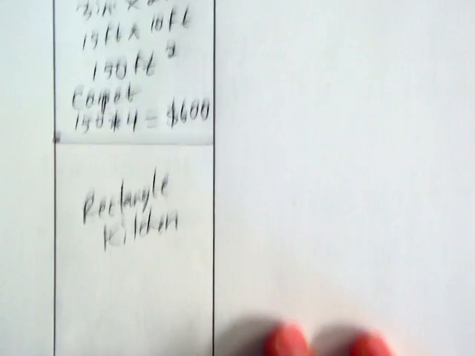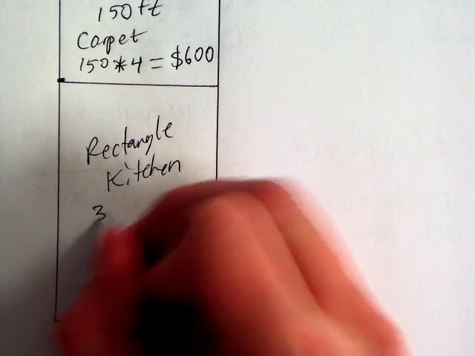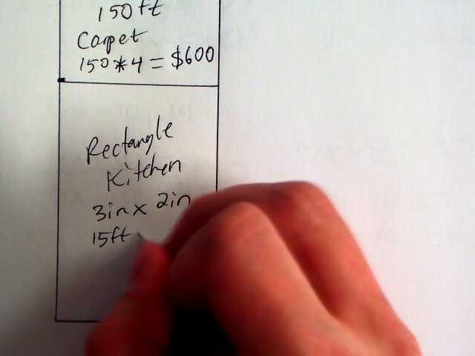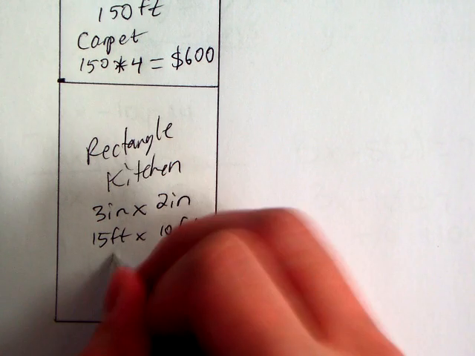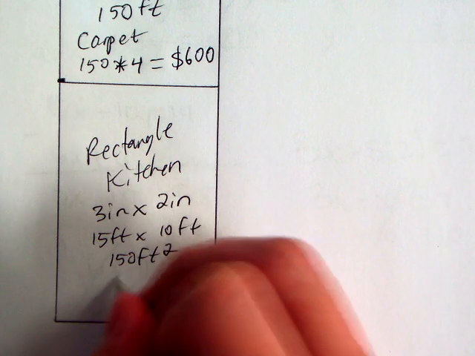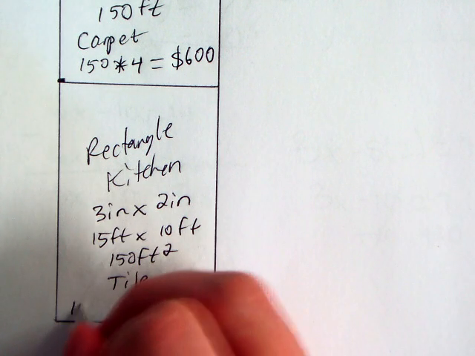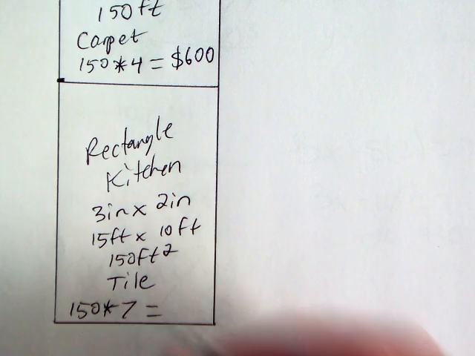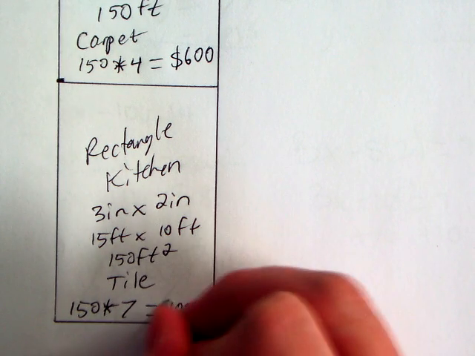For the kitchen, similar, 3 inch by 2 inch, 15 feet by 10 feet, 150 feet squared, but maybe we'll use tile for the kitchen. So we take 150 times 7, $1,050.